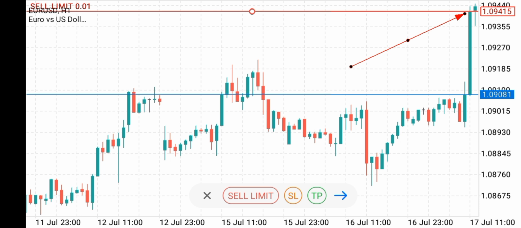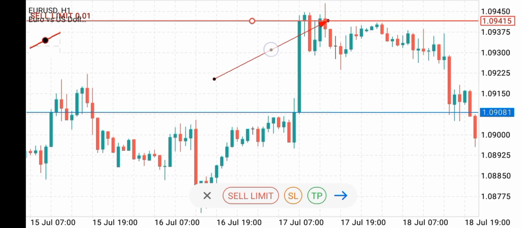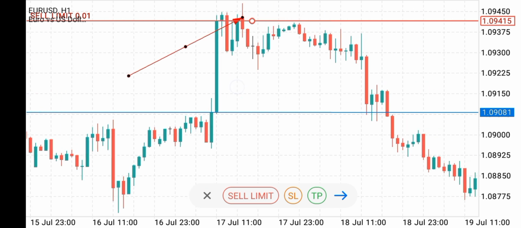So guys, if you actually use the sell limit right here, you can see the price gets here and the price went down. The advantage of this limit order is to help traders not to miss out on trading opportunities, because all traders are not the same. Not all traders will have the whole time to be on their chart.